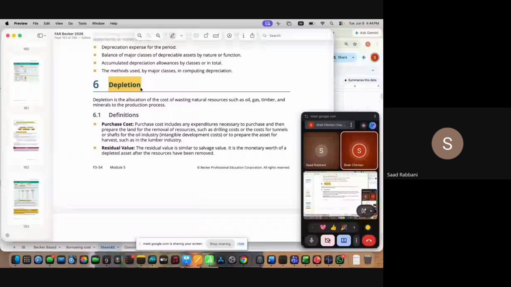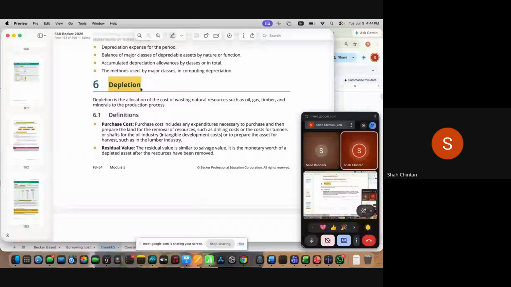In example 3, what does the note mean? The first note was in the preceding illustration. What I said is that this is a double declining method.